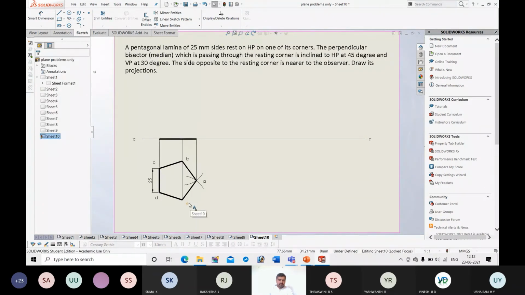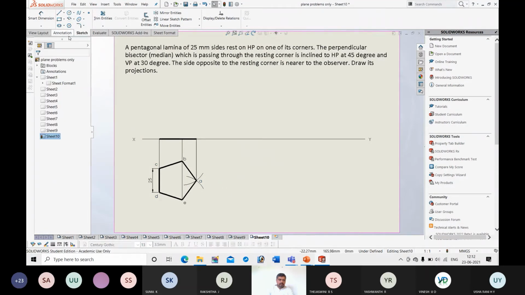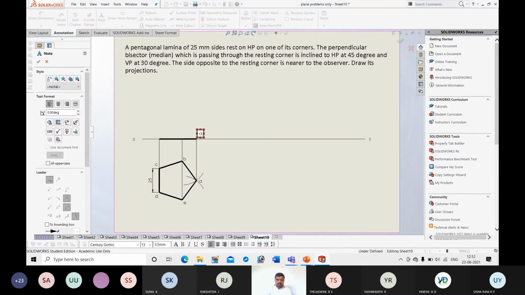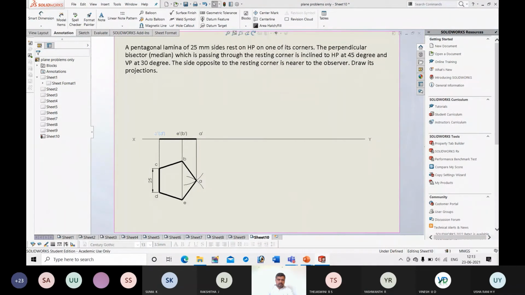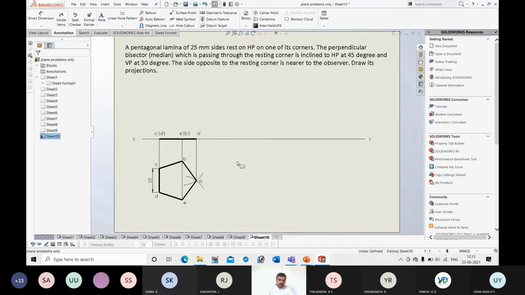So next, I will name the points of the front view. Okay, next, I will satisfy the first condition.